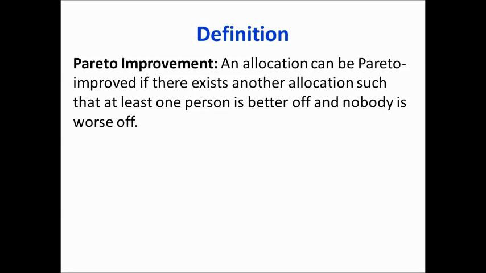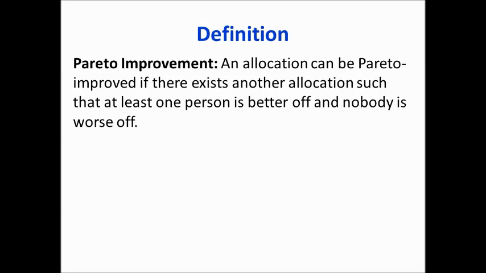An allocation can be Pareto improved if there exists another allocation such that at least one person is better off and nobody is worse off. Okay, so this is a long sentence, so let's read it again. An allocation can be Pareto improved if there exists another allocation such that at least one person is better off and nobody is worse off.